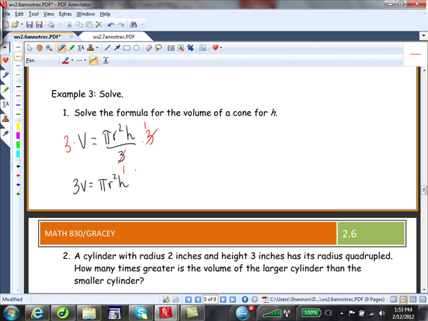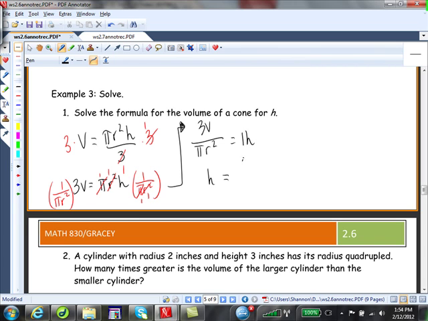Now if I multiply by 1 over pi r squared on both sides, the pi's would divide out, the r squareds would divide out, and h would be isolated with a coefficient of 1. So we would get 3v over pi r squared is equal to 1h. So h, of course, would be 3 times the volume divided by pi r squared.